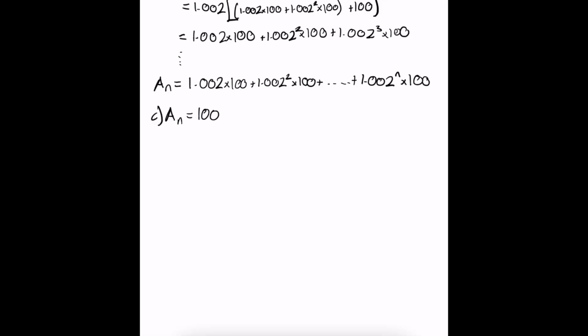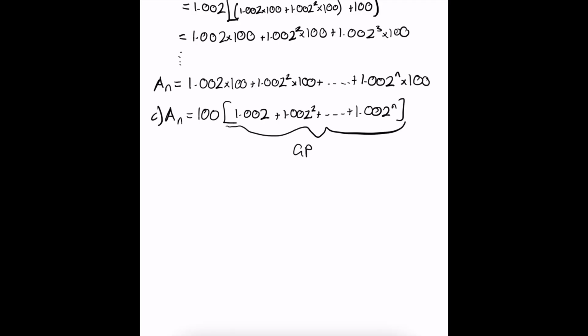So it's 100 outside of 1.002 plus 1.002 squared, all the way up to 1.002 to the power of n. Now this section here is a GP with A equals 1.002, R equal to 1.002, and n, the number of terms, equal to n.